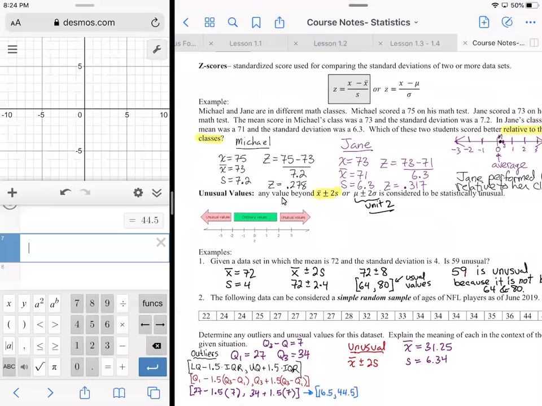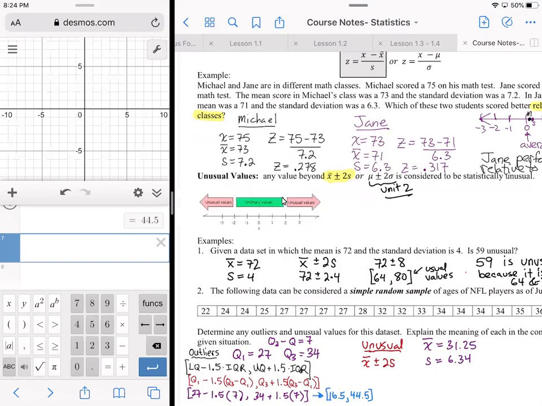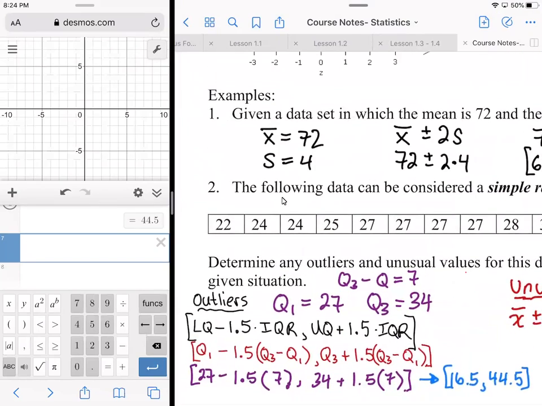Right. So that gives me the interval of values that are not outliers. Any value that falls between 16 and a half and 44 and a half would not be an outlier. So we look at our data.